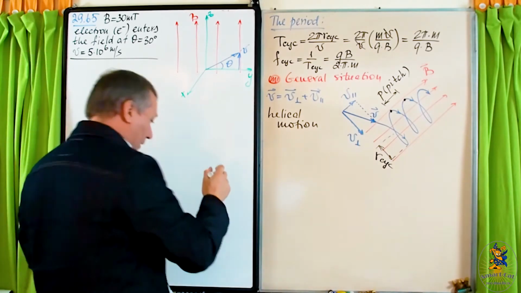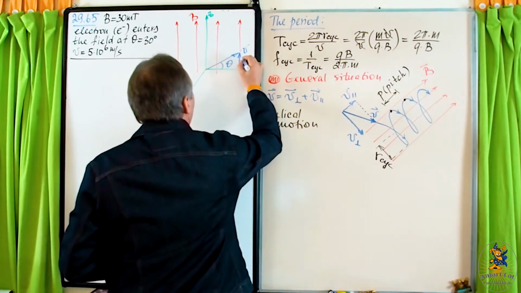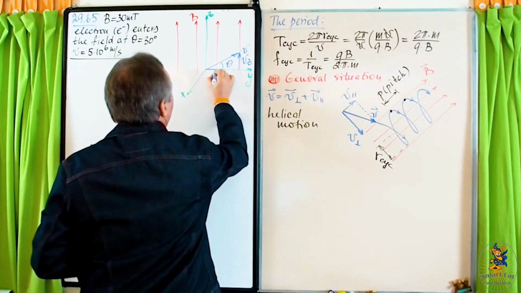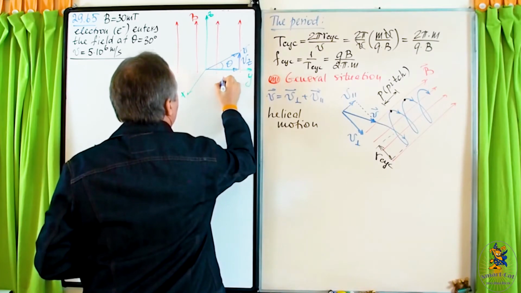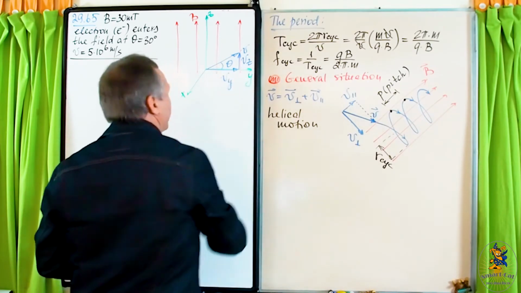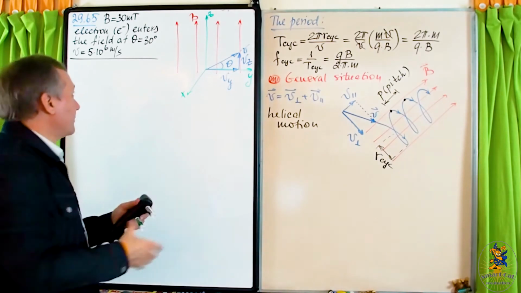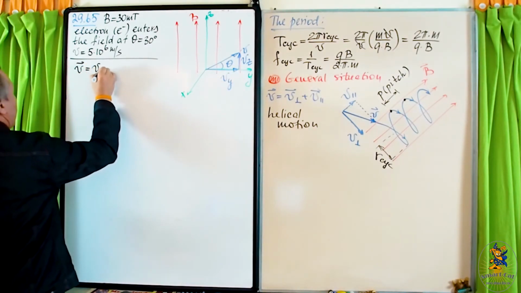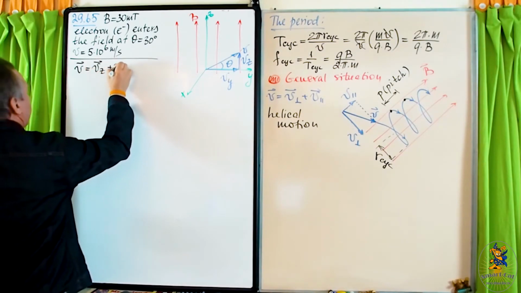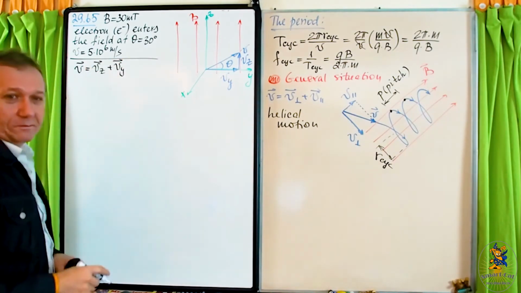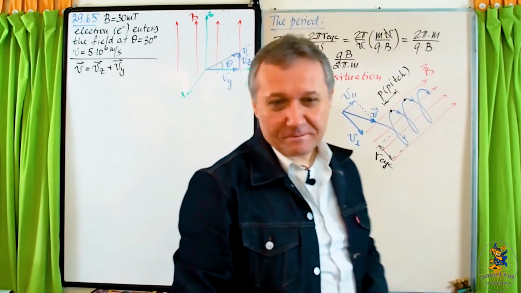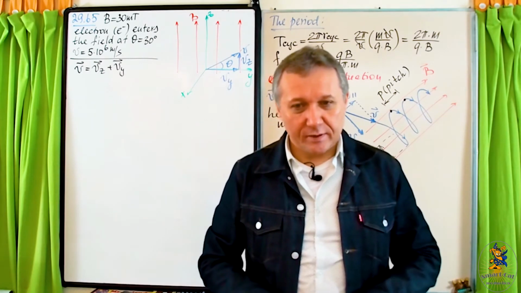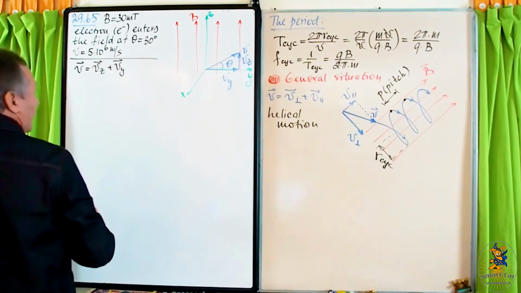And then the component perpendicular, it will be this, V sub y. So two components, so V can be written as V sub z plus V sub y. Can we find those components? It shouldn't be a big deal, we should be able to find them easily.